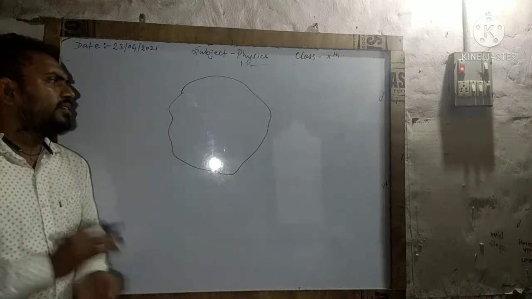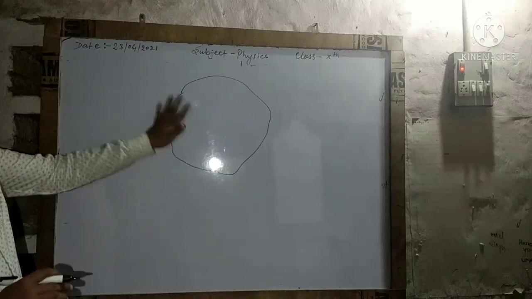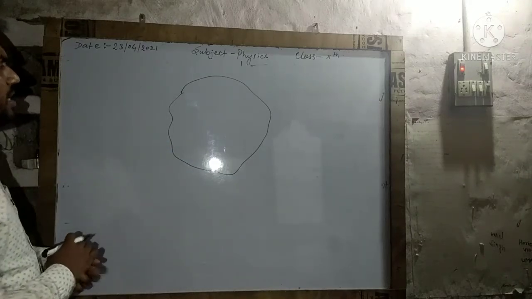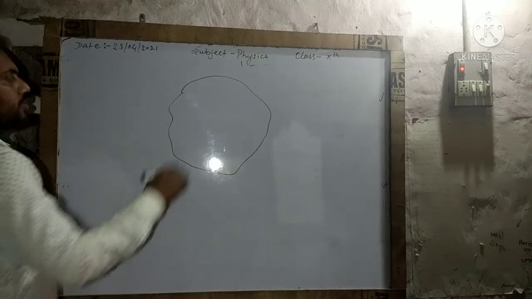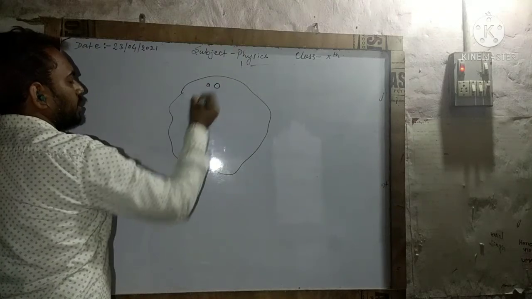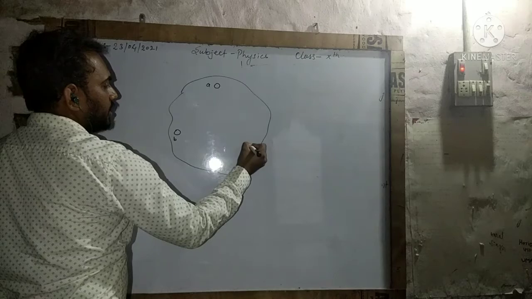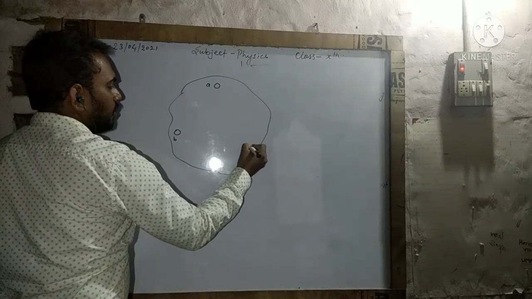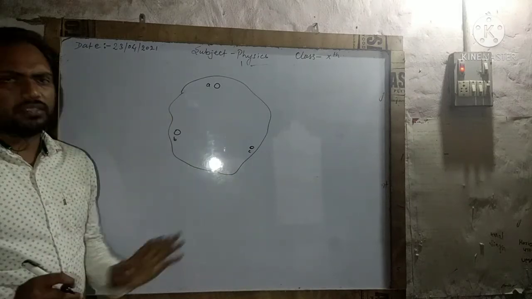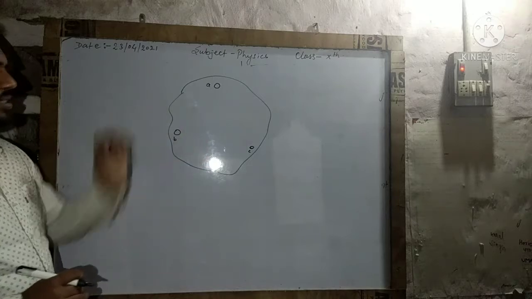Now I have to find the center of gravity of this irregular sheet of paper. Simply punch 3 holes, hole A, hole B and hole C, and mark the points A, B and C.